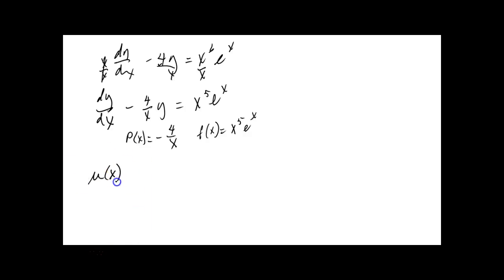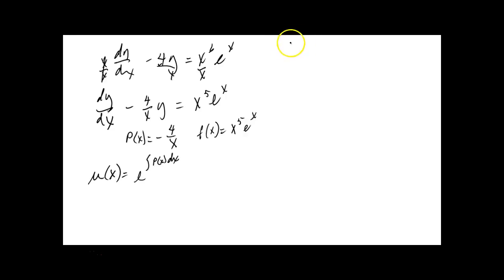Mu of x is what? E to the integral of p of x dx. Remember that? Okay. So really, the first thing I would do, and I wrote this down that way, was integrate p of x.